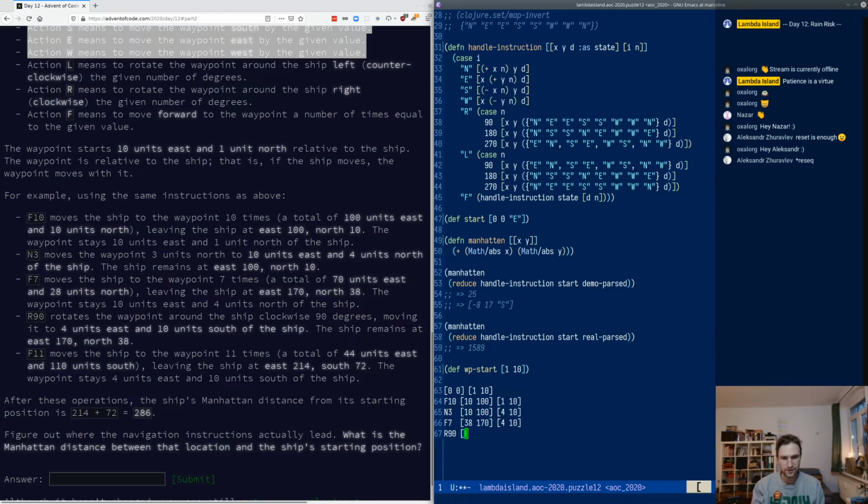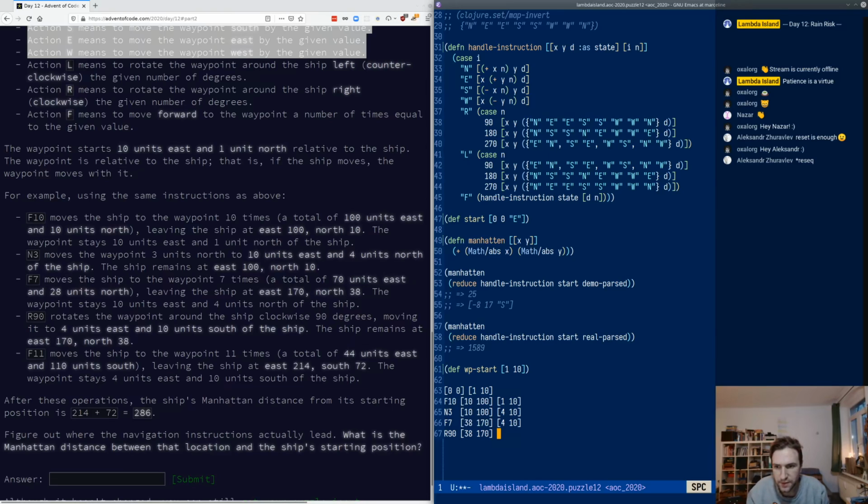So when we rotate 90, we rotate the waypoint, so this stays the same. And if we're at 410 and then we rotate, we're going to be at minus 10, 4.